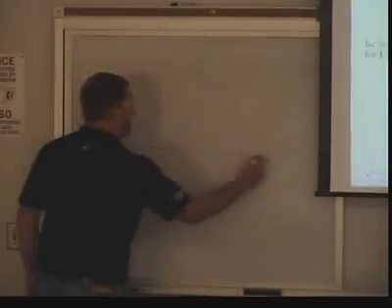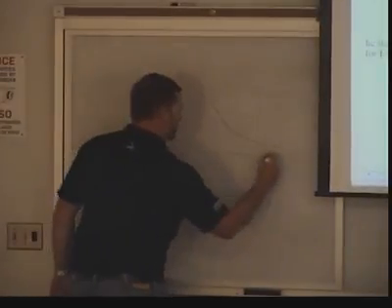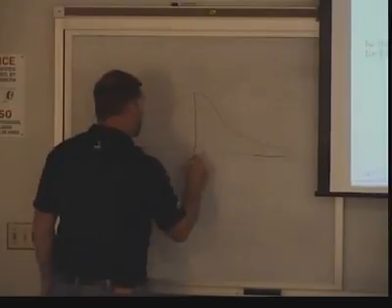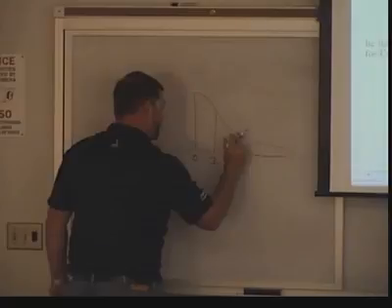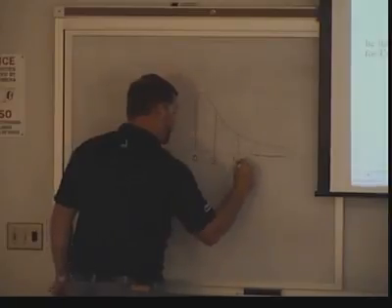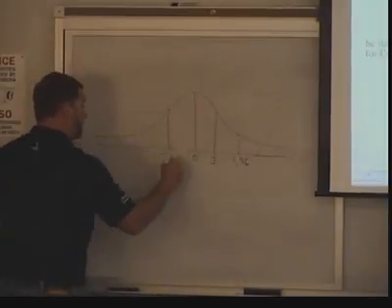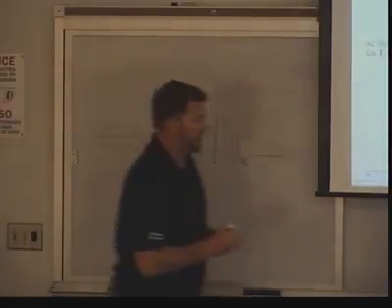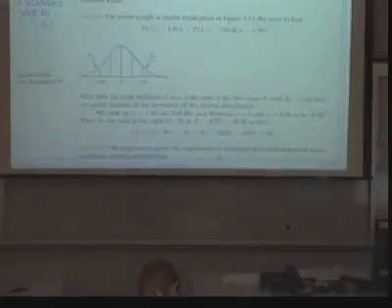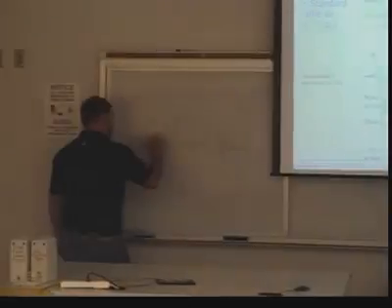So it wants to know what the area is. So here's 0, 1. Let me put a dash line. 1.96, negative 1, negative 1.96. So it wants the area to the right of 1.96 and to the left of negative 1.96.